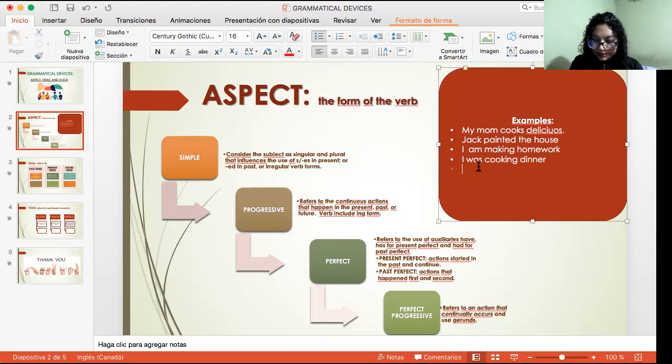For example, it can be, I have been reading all morning. I have been reading all morning.